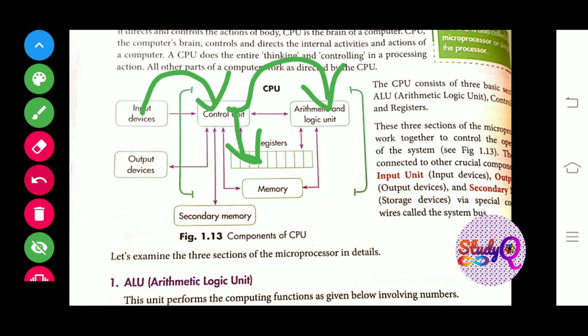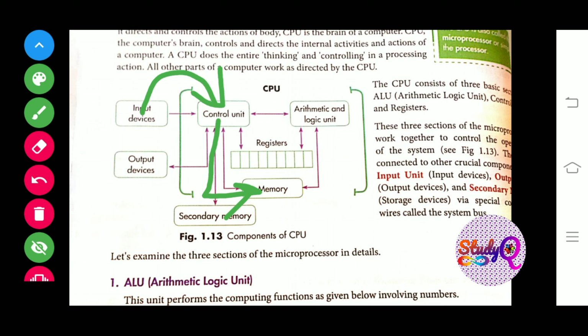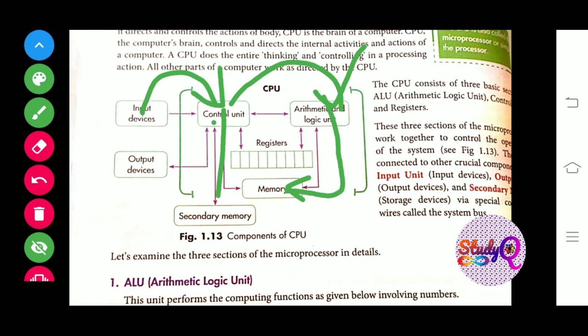You can see here it depends on the control unit. After that, the control unit will decide where to send data, either to memory or to the arithmetical logical unit, and after data processing it will come to the memory, or whenever we need to store data permanently, the control unit decides to store data in secondary memory.